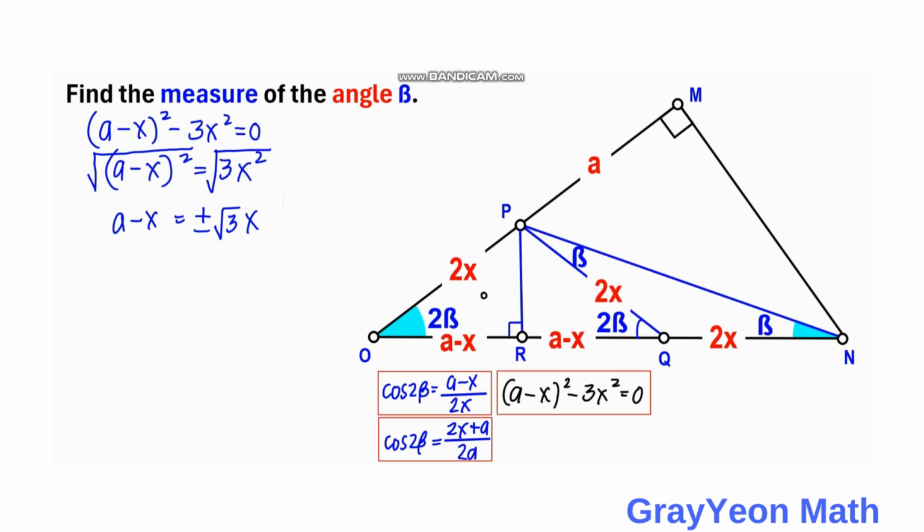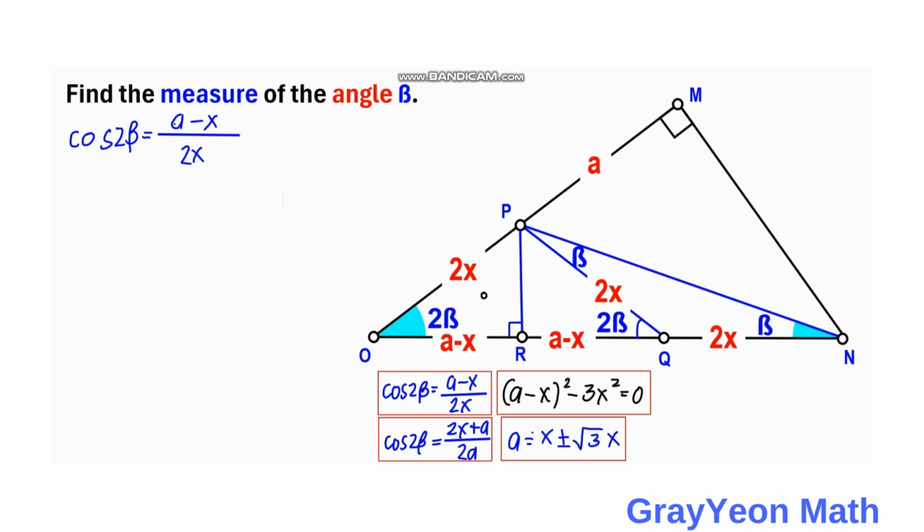Putting the negative x on the right-hand side, a is equal to x plus or minus the square root of 3 x. Going back to the equation cosine 2 beta equals a minus x over 2x, we substitute the value of a, so cosine 2 beta is equal to x plus square root of 3 x minus x all over 2x.